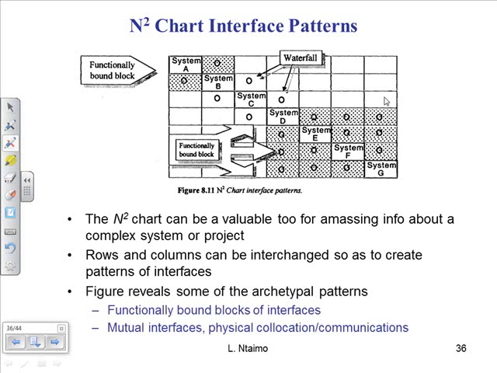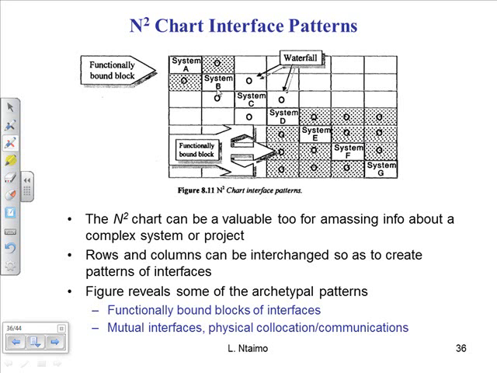But right now, what I want to say is that the n-squared chart can reveal some typical patterns. For example, you can see these functionally bound blocks. You can also see some mutual interfaces. Basically, what this picture is telling me is that if I'm going to design this system of systems, then maybe I would like A and B to be close.